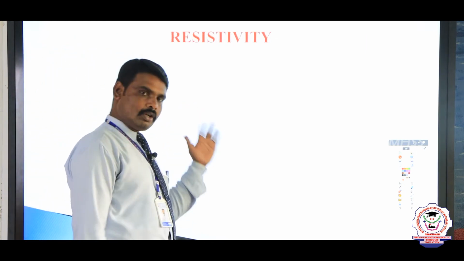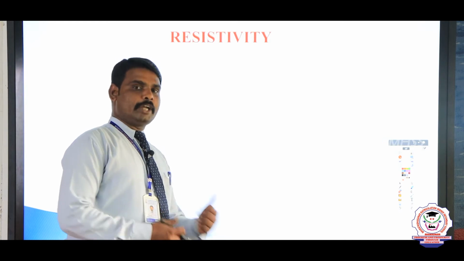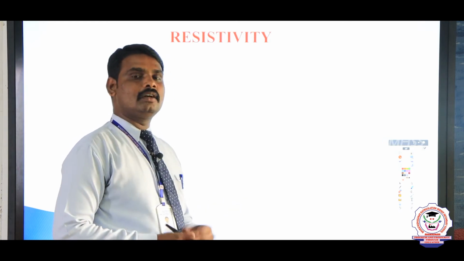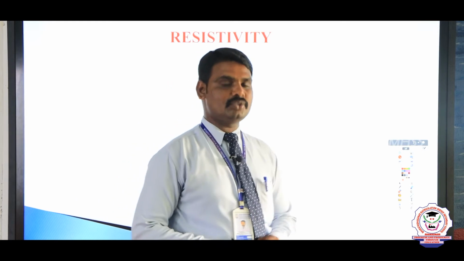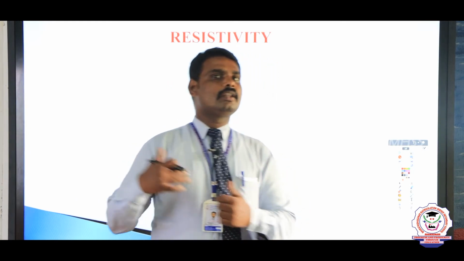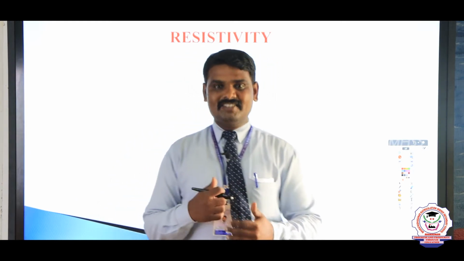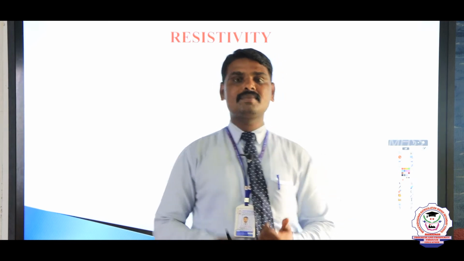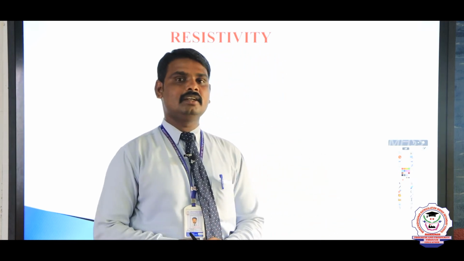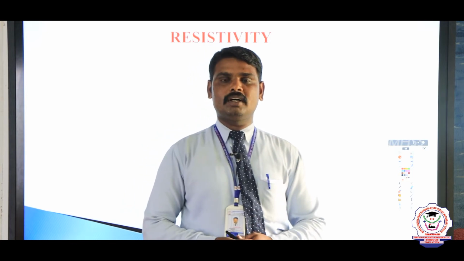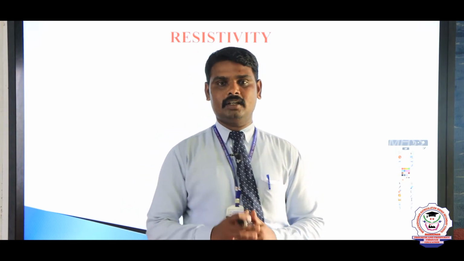Before going into this topic, I would like to revise our previous section videos. In the previous videos, we have seen Ohm's law and resistance, right? The formula for Ohm's law is V equal to IR.